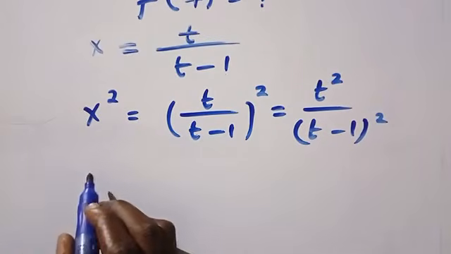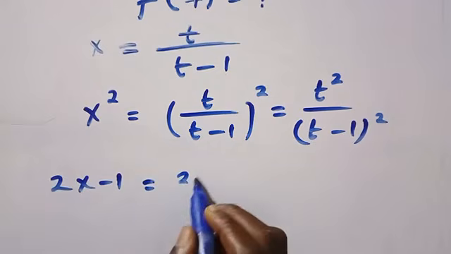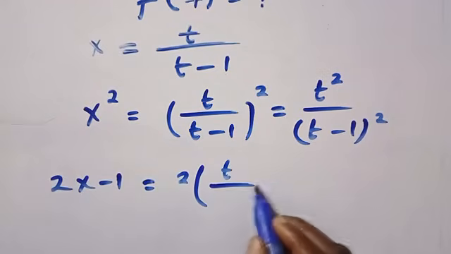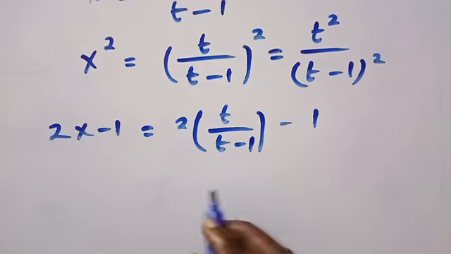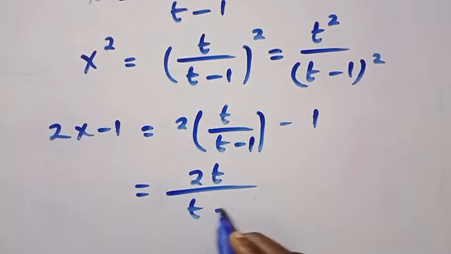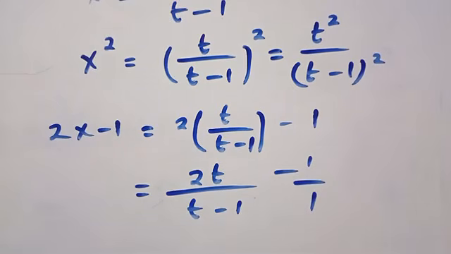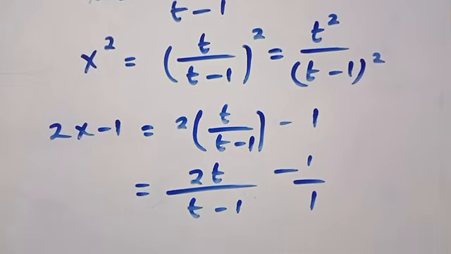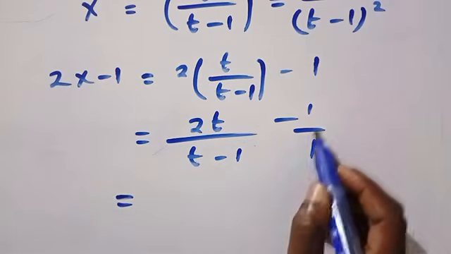We need to find 2x minus 1. And this gives us 2 into bracket of t over t minus 1, then minus 1. When we expand this further, we have 2t divided by t minus 1, then minus 1 over 1. By finding the LCM, we are going to have t minus 1 multiplying 1.